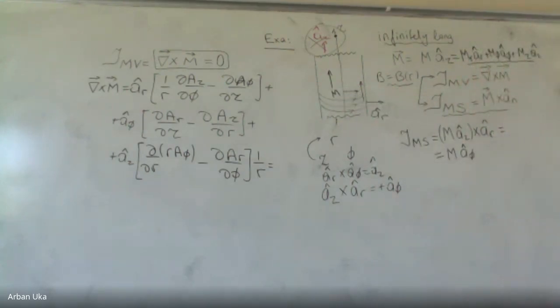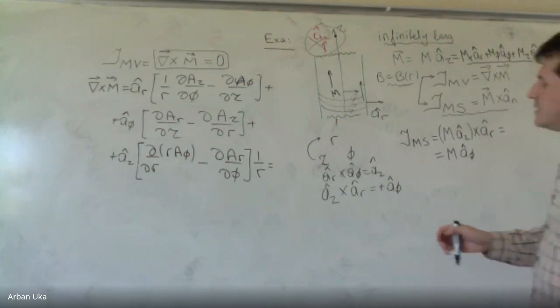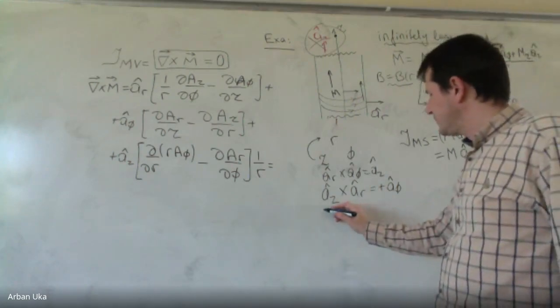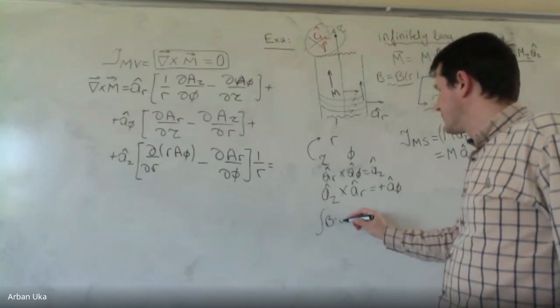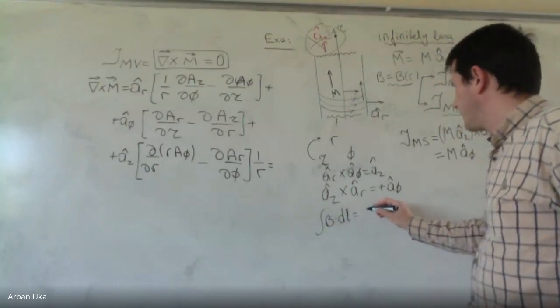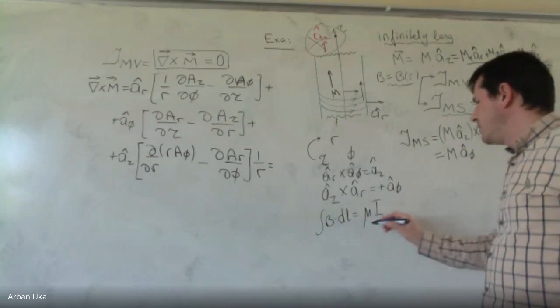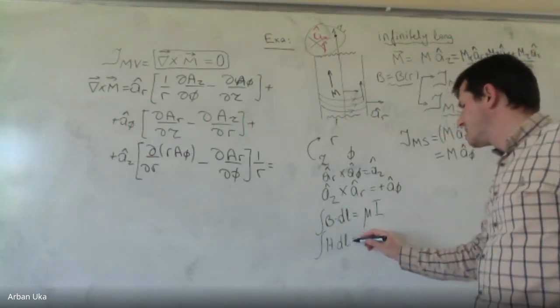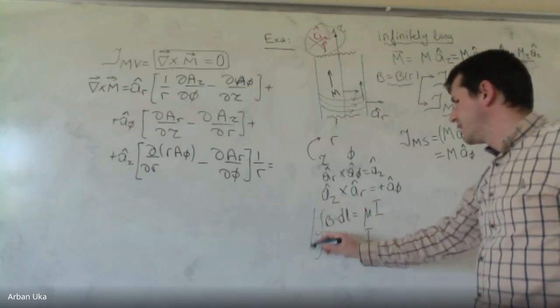And we need to find the magnetic field around, and in order to find this, we need to use the relationship where we either use this or we use this, the integral of H dot dL, this is equal to I, okay?